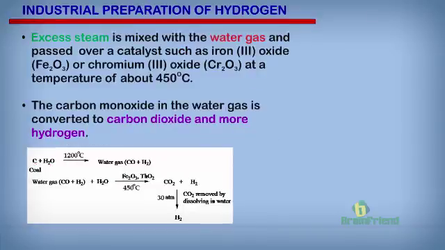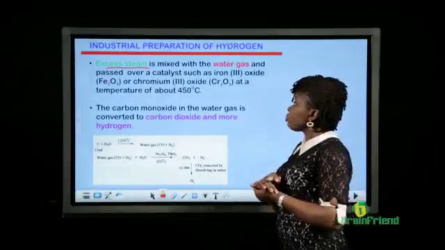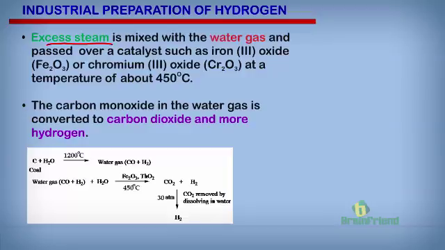Next step, excess steam is mixed with the water gas produced and passed over a catalyst such as iron 3 oxide or chromium 3 oxide at a temperature of about 450 degrees Celsius. So this is the water gas produced. Remember that our first reaction is this: coke is passed over steam at a temperature of 1,200 degrees Celsius to produce water gas.